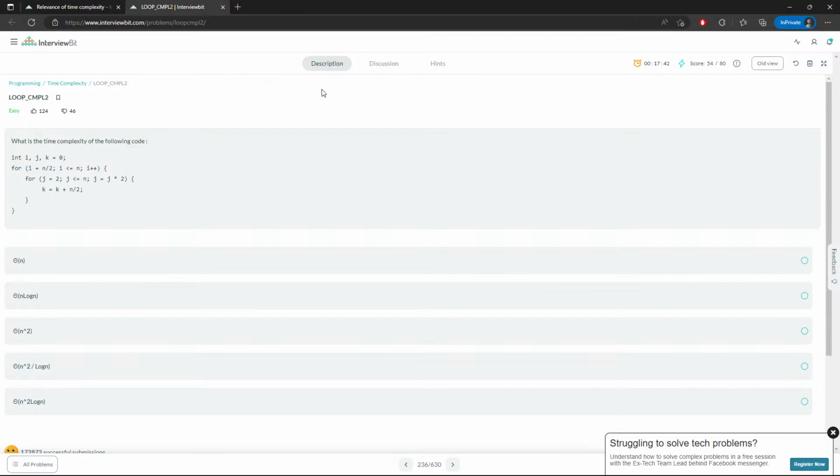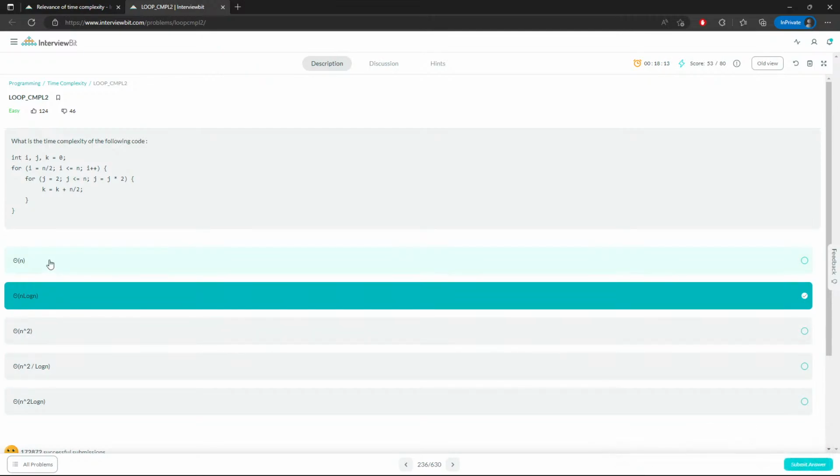Hmm, that's an interesting one. So the loop stops when the 2 gets multiplied, when 2 power k equals n. So 2 power k plus 1 equals n, k plus 1 equals log n. This is basically log n. So it's n log n.